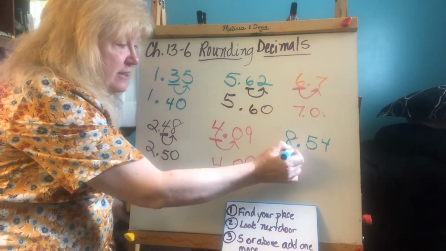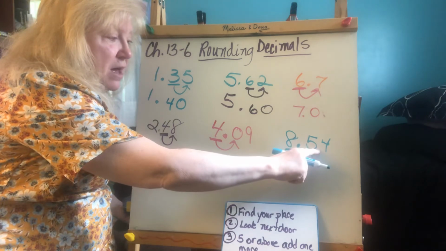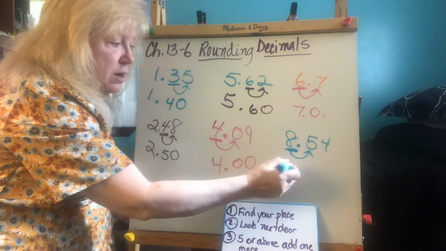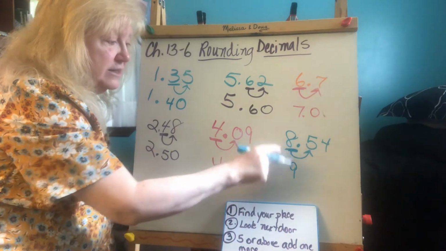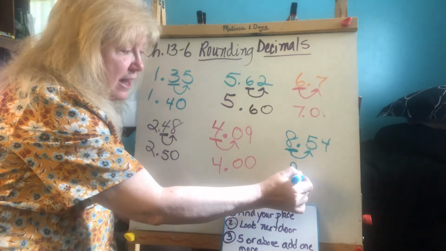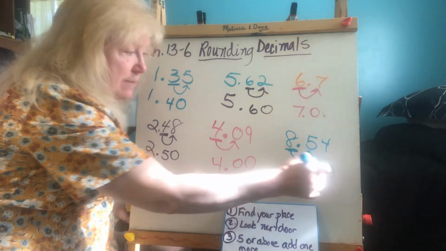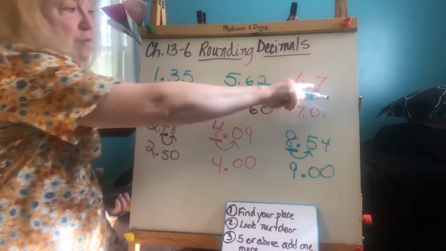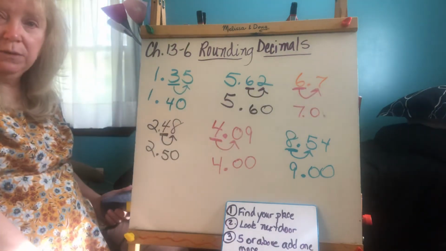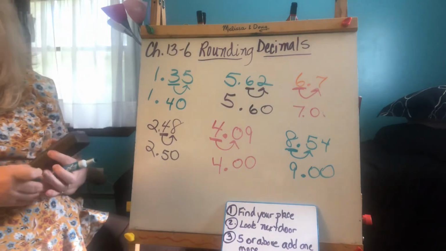Find your place. Look right next door. 5 and above. Add one more. Everything before stays the same. Everything after the underline zeros his name. So if you have 2 places after, you put 2 zeros. If you only have 1 place after, you only put 1 zero. Okay? Alrighty. That is it.